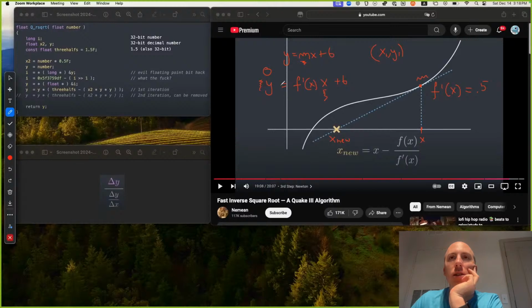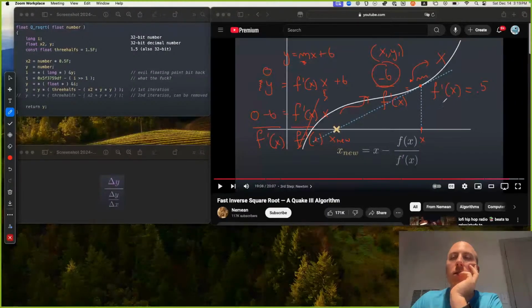So if we set y to 0 and solve for x, we divide by f prime of x, so we get negative b over f prime of x is equal to x.